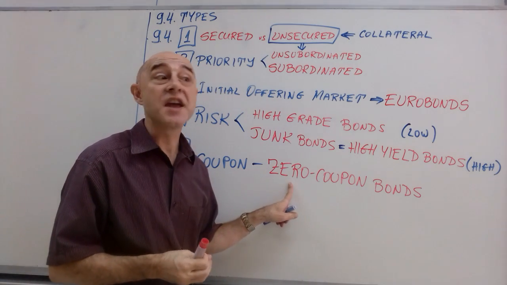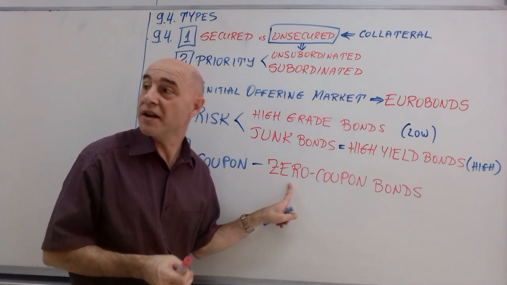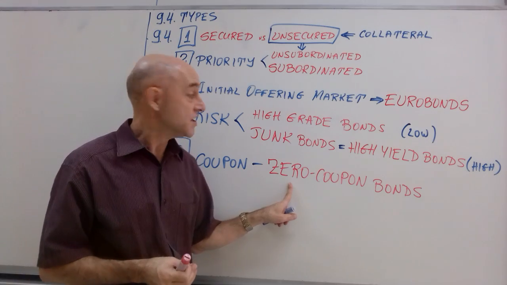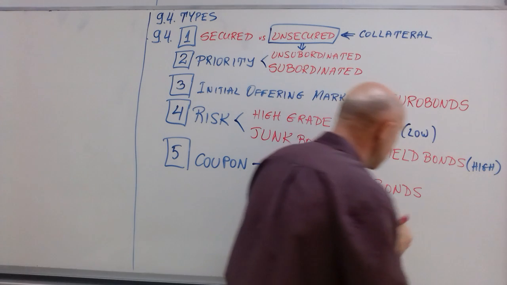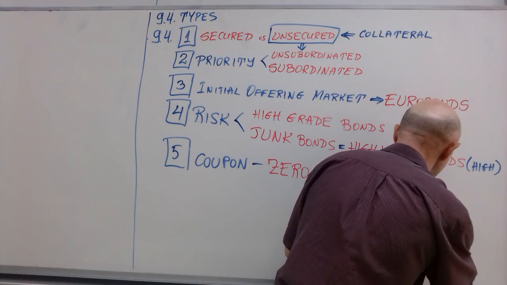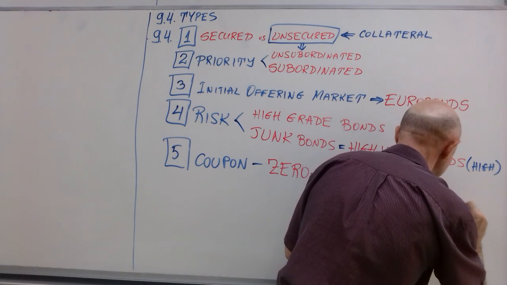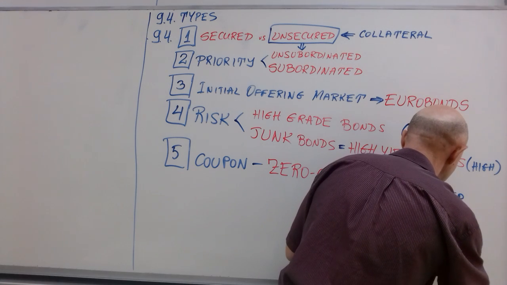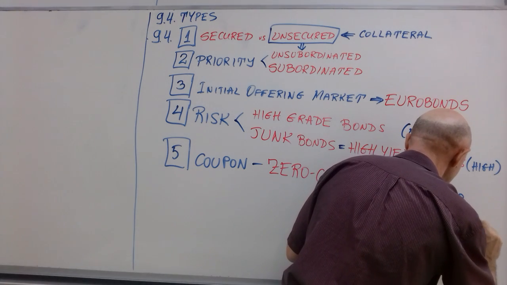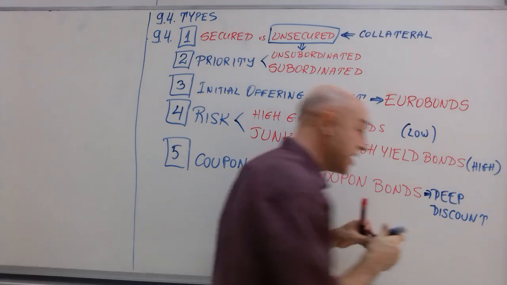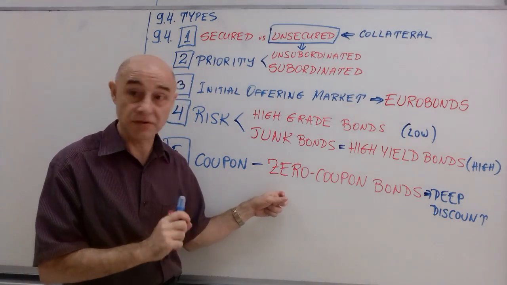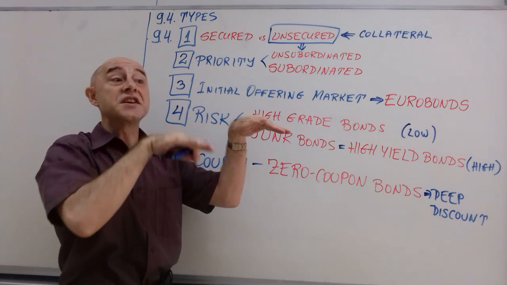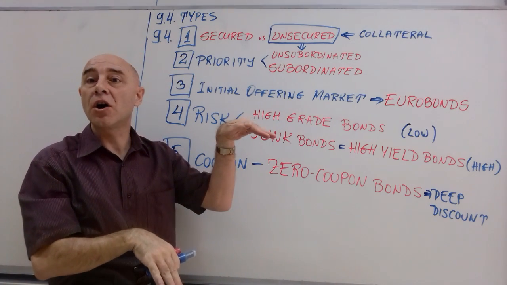These are bonds that pay no coupon. They pay only face value on. So these zero coupon bonds will be sold at deep discount. So they're sold at a deep discount, okay? Meaning significantly below par value.